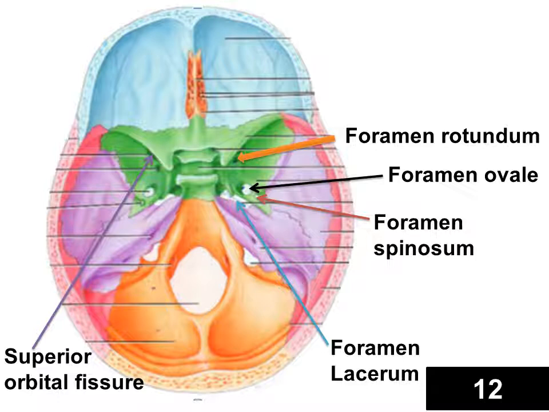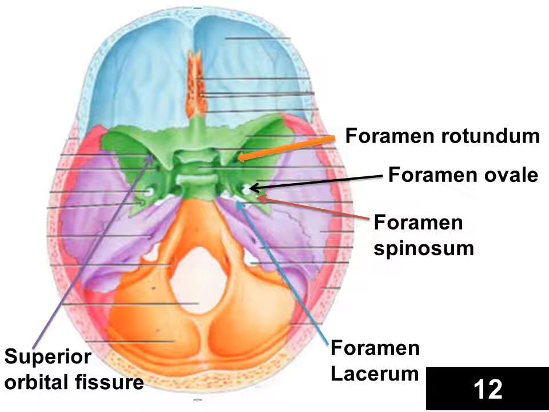These three also pass through this fissure, in addition to the abducens, the 6th cranial nerve. In addition to the nerves, the superior ophthalmic vein passes, connecting the orbital cavity with the cavernous sinus.